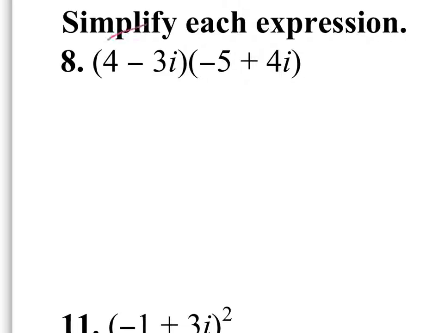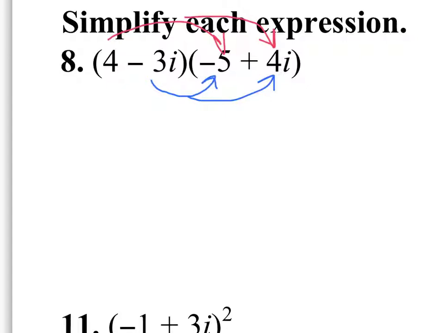So we take our first term times our first term. Outside terms is going to be that first term times this last term here. Inside terms, and then last terms. So you take 4 times -5, 4 times 4i, -3i times -5, and -3i times 4i.